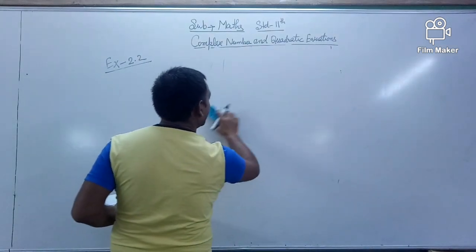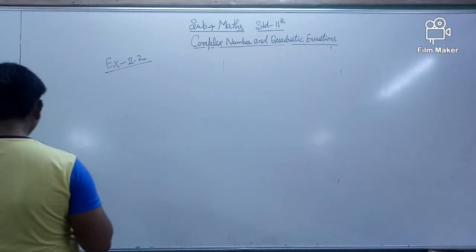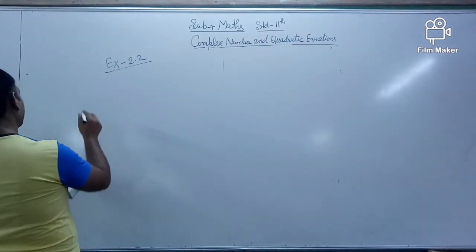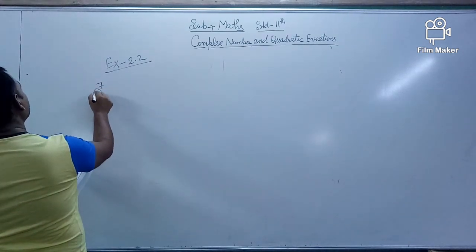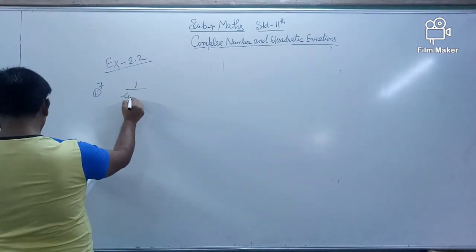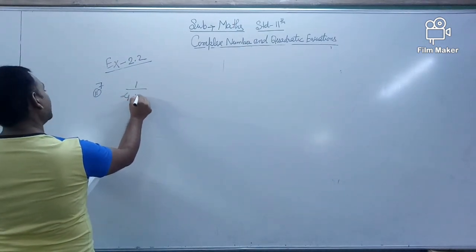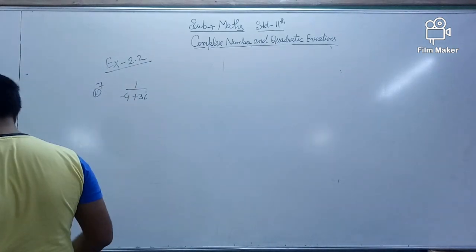Suppose you have a complex number. Here, question number 7 of the second, you have the complex number 1 upon 4 plus 3i, and you just want to find the conjugate.